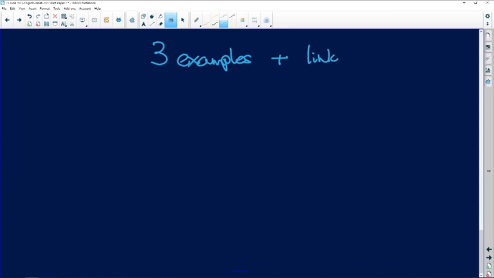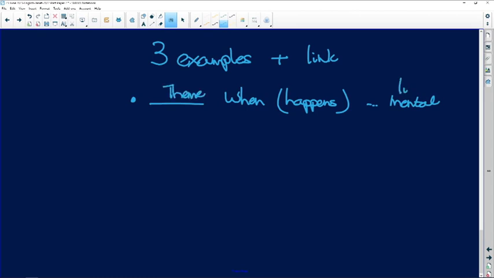I would bullet this answer so that you can see what you are doing. You're going to say, we see pain and suffering when whatever happens. And then you're going to say, and this person suffers because, or the suffering is mental or physical or emotional or whatever. So in other words, we're going to have the theme, plus the story, plus the link.